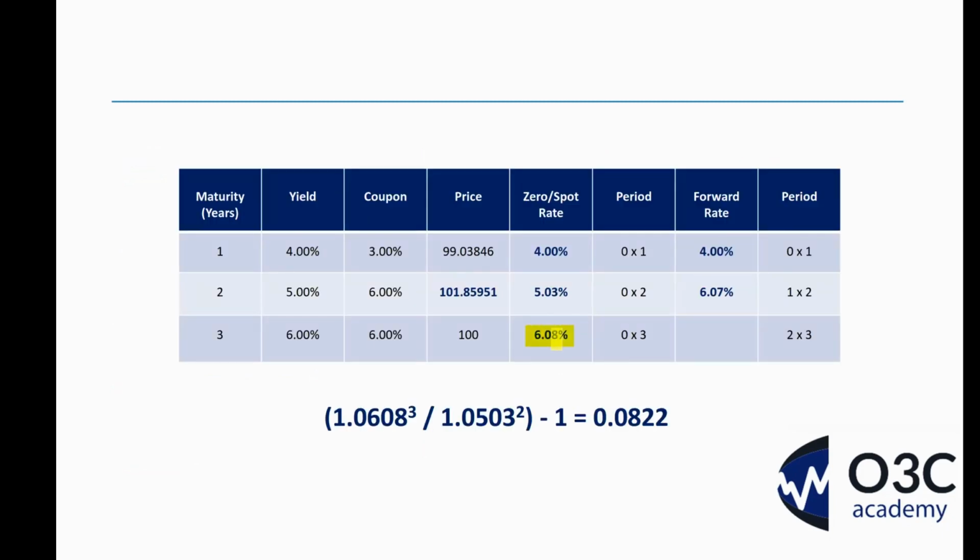And then finally, as we did before, we can take those zeros and work out our 2 times 3 forward rate. So we take the rate we've just calculated, the 3-year zero rate, and we, of course, cube that. We take that to the power of 3, and divide that by 1 plus the 2-year zero rate of 5.03 squared.